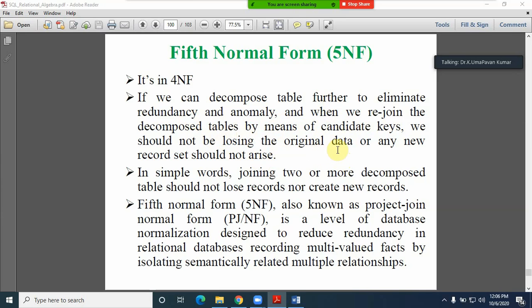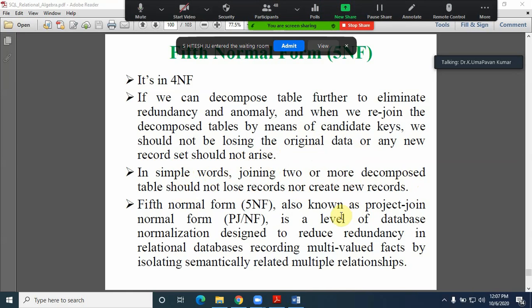That is the basic requirement, or else any new record set should not arise. These two are the conditions, friends. The data should not be lost, and a new record set which is not identified so far should not be generated. In simple words, joining two or more decomposed tables should not lose records nor create new records. In a single liner, it should not lose the records, and it should not create new records.